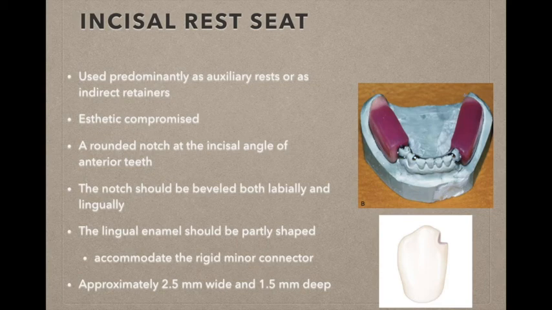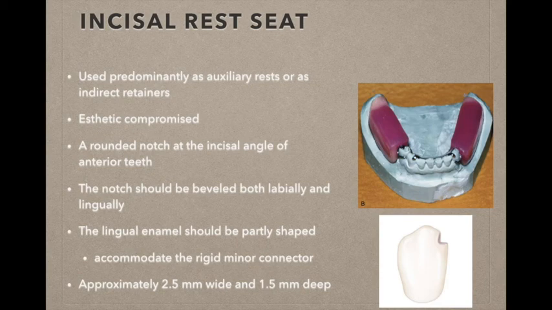We also have an incisal rest seat, which is used as an auxiliary rest or as an indirect retainer. However, because this rest seat is over the incisal edge of anterior teeth, esthetics is compromised.